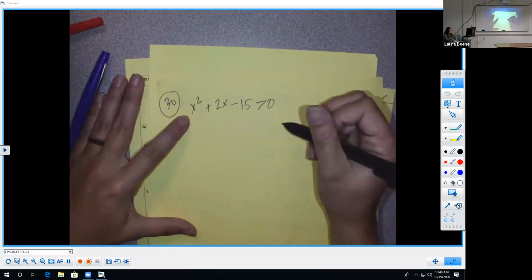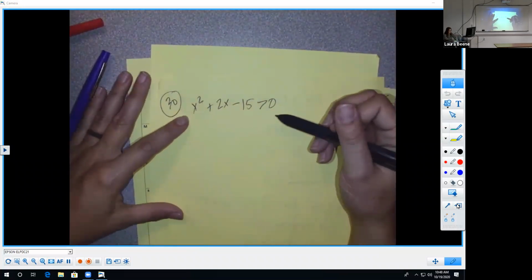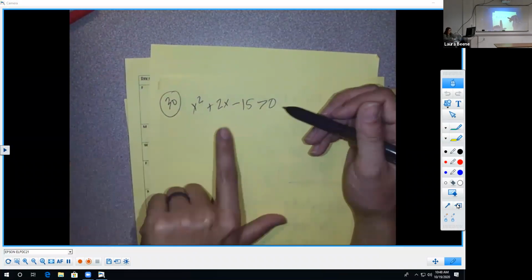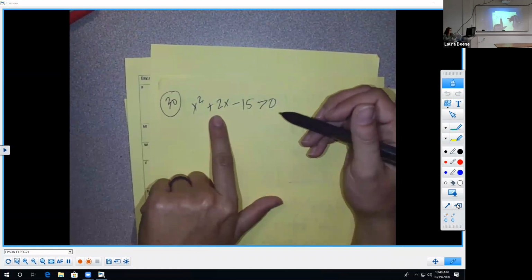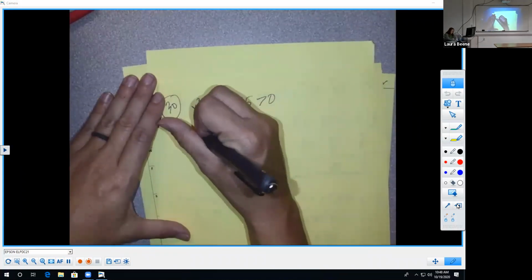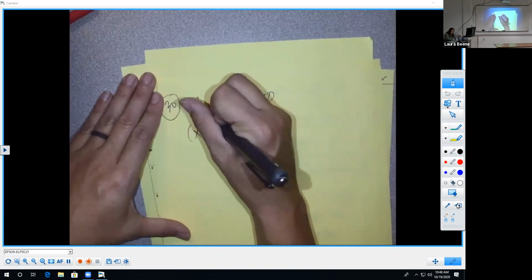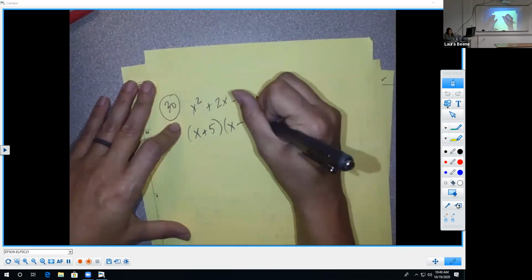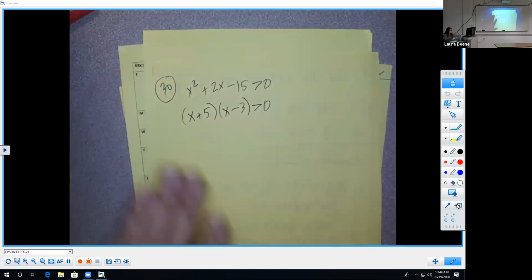Okay, so for this one, this is a quadratic, same type of problem, just trying to figure out if it's greater than or equal to 0. First thing I have to do is factor it. Problem number 29 was already factored for you. This one's not factored. If you spend the time on it, it factors into (x plus 5)(x minus 3) is greater than or equal to 0.